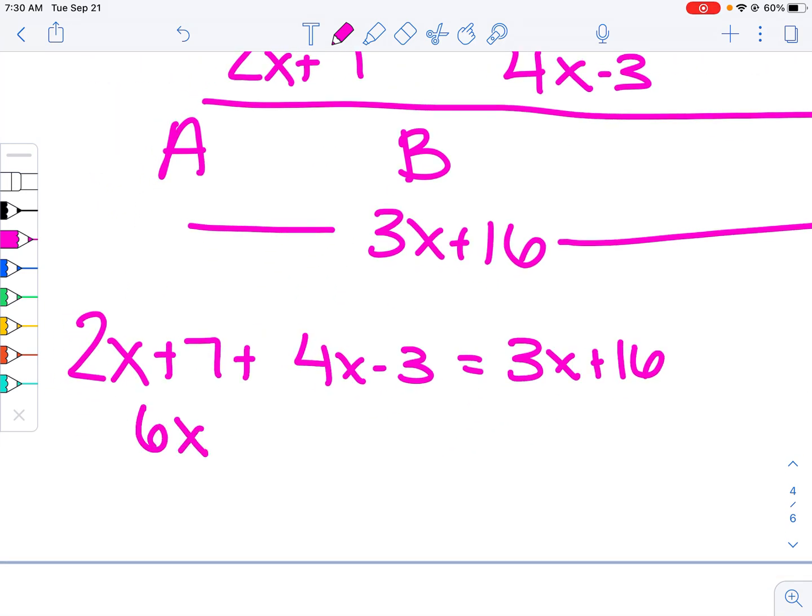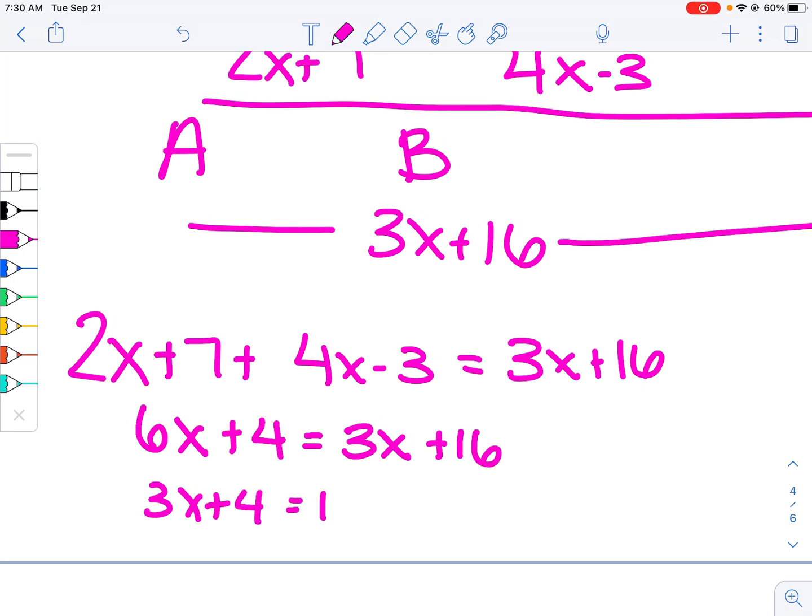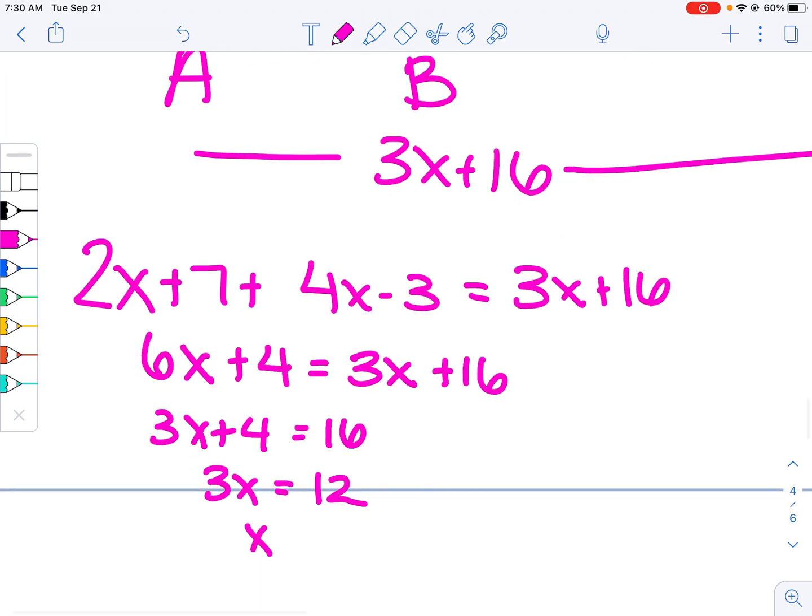I'm getting 6x plus 4 when I combine like terms, equals 3x plus 16. I'm going to subtract the 3x, get 3x plus 4, and then subtract my 4. And now x must equal 4.